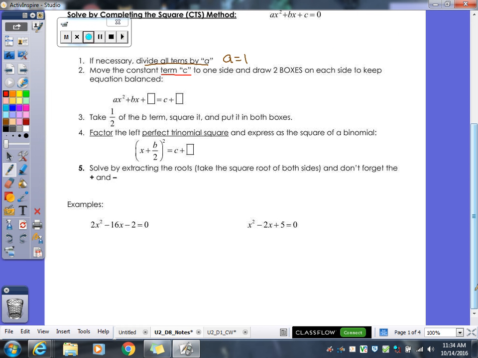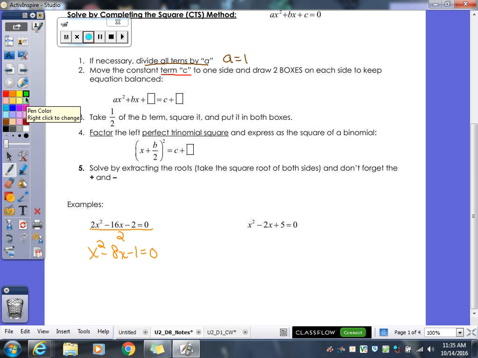All right, so if I look at my first example down there, I have a 2x squared minus 16x minus 2. I need to divide everything first by a 2 because I can't do completing the square having that number in front of my x squared term. So that gives me x squared minus 8x minus 1 equals 0.